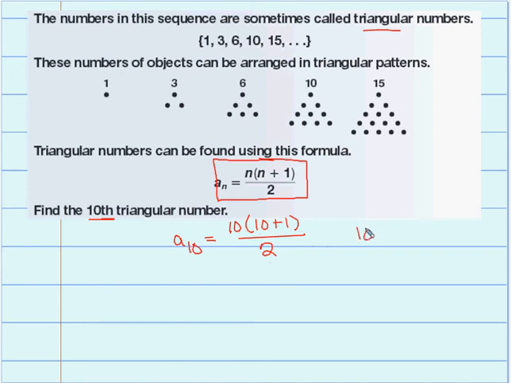So we end up with 10 times 11 all over 2. Now I can simplify this because these are factors, so I can divide the 2 into the 10 and get 5 times 11 is 55. So the 10th term in this sequence is 55.